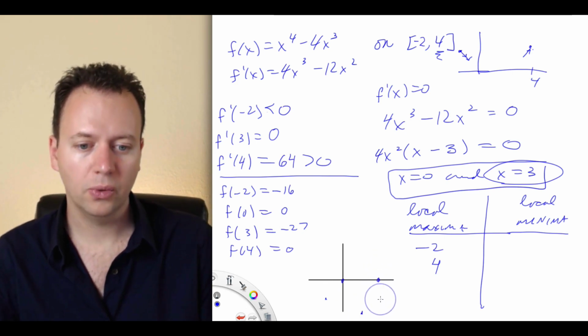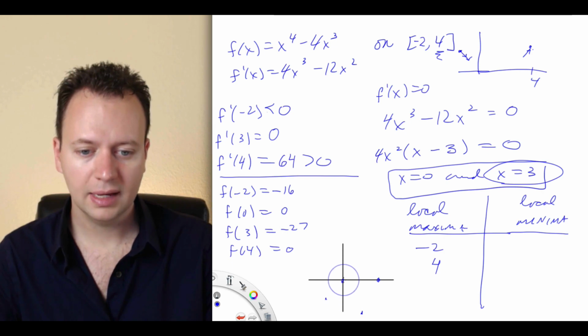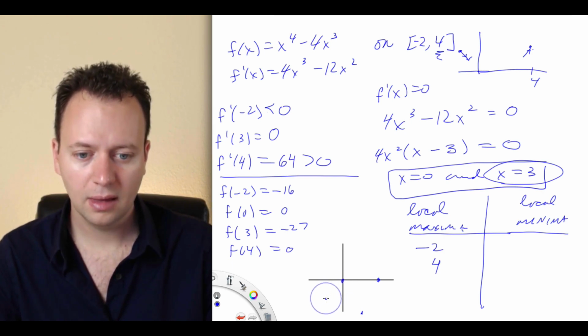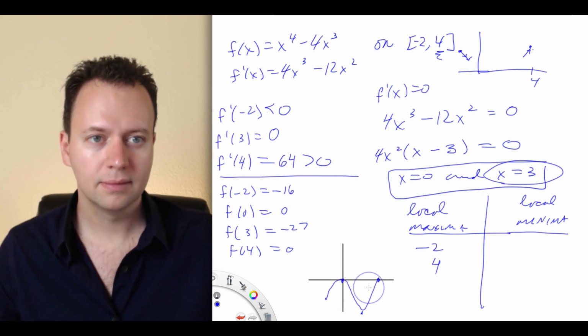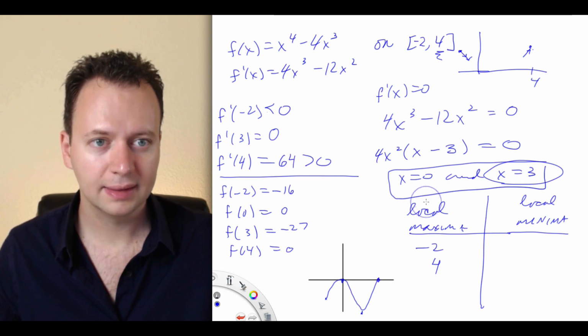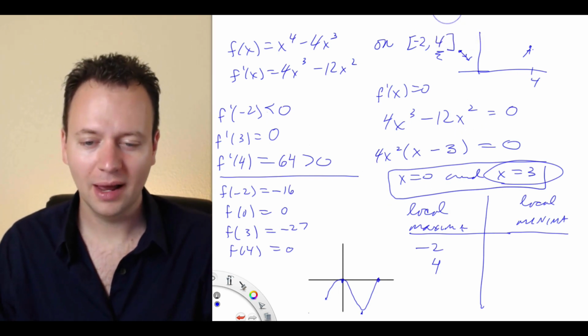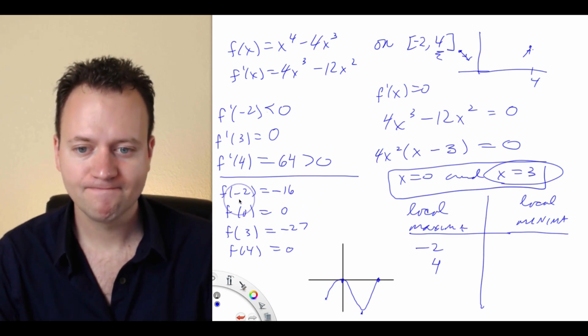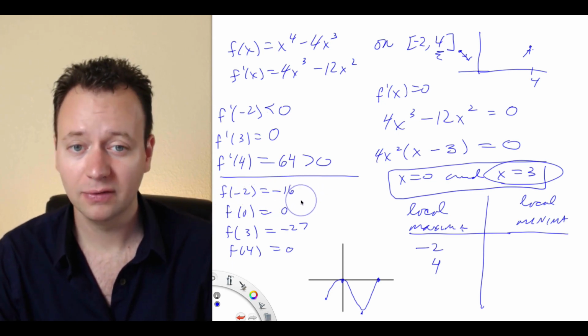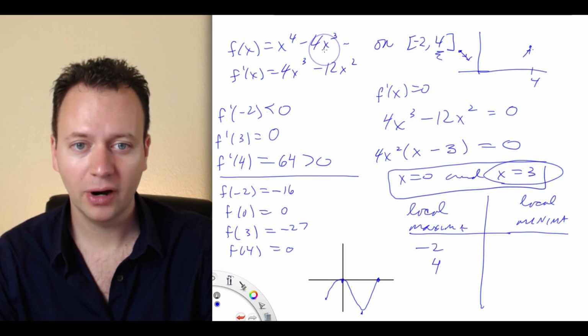So it's a little bit weird. What's happening? Well, you would suspect that it would look like this. But in fact, I see where I made a mistake here. f of minus 2 is not negative 16. I forgot about the sign here.